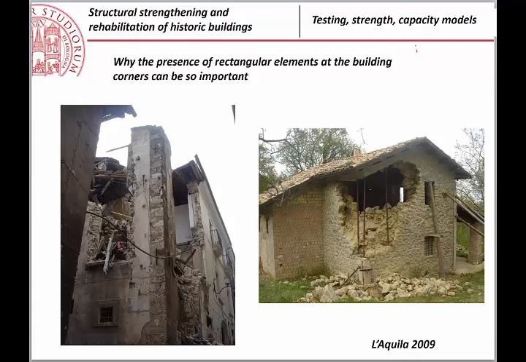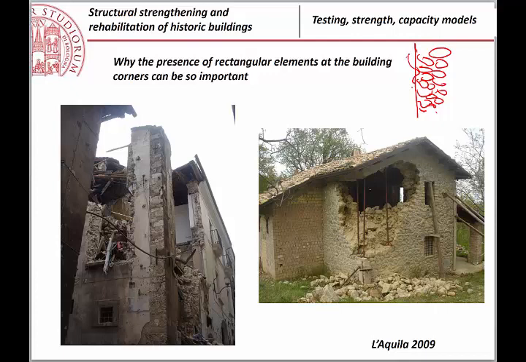Just think about having blocks that arrive up to the end of the wall without any organization. Of course, the water, the rain is taking out parts of the blocks, etc. And in very few years, if you don't have anything in the corner, you will destroy the wall. But this is one reason.